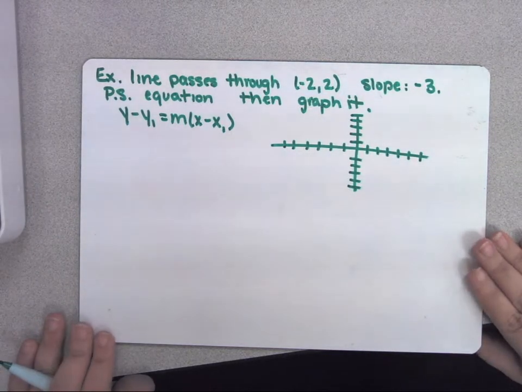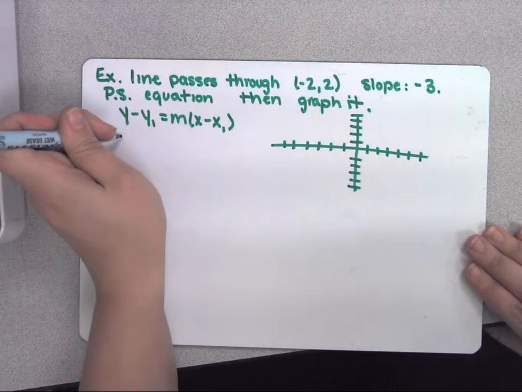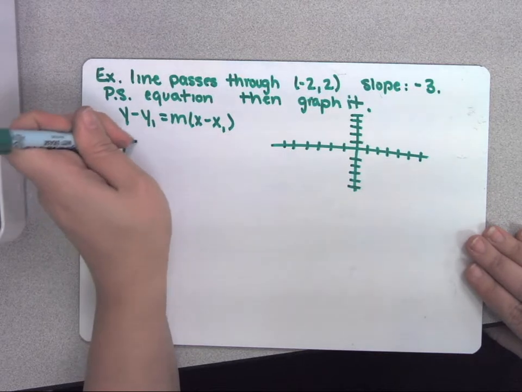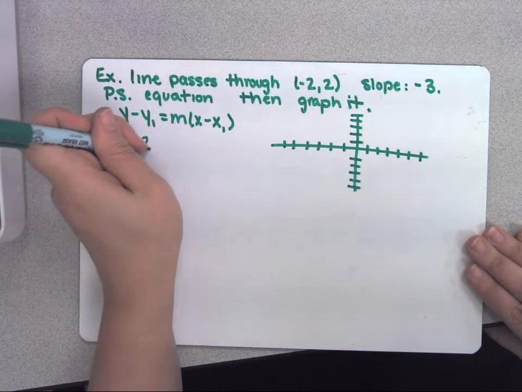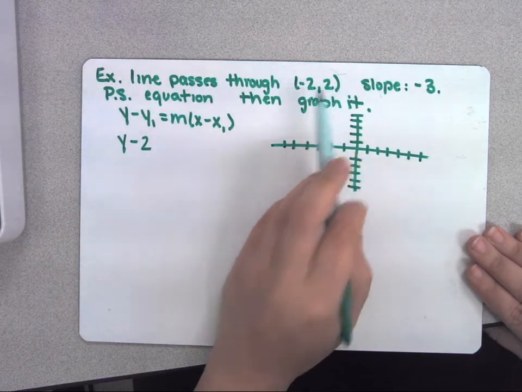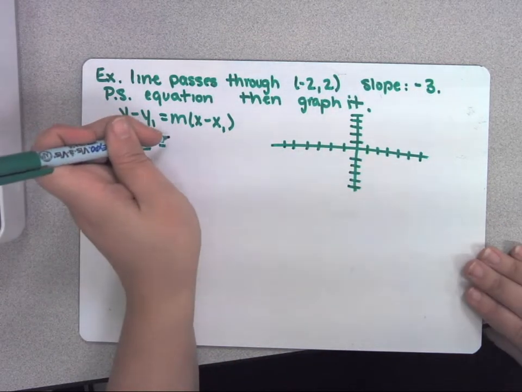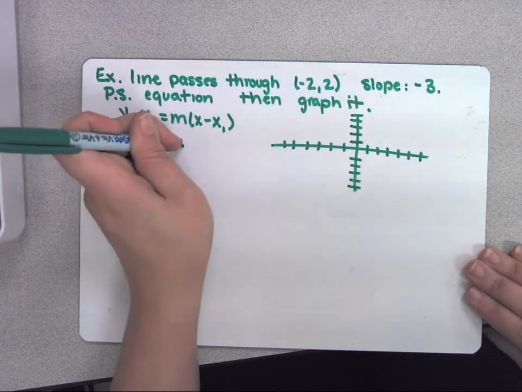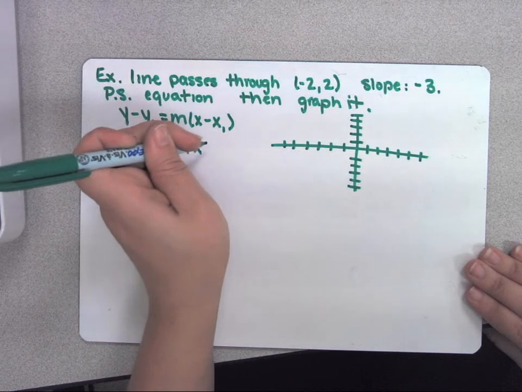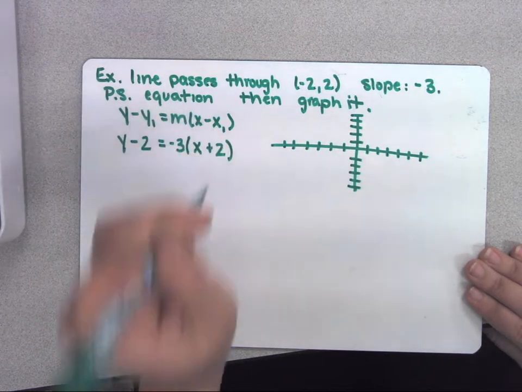Okay. Anyone want to tell me the equation? Jacoby. Y is positive, so it stays minus. There you go.